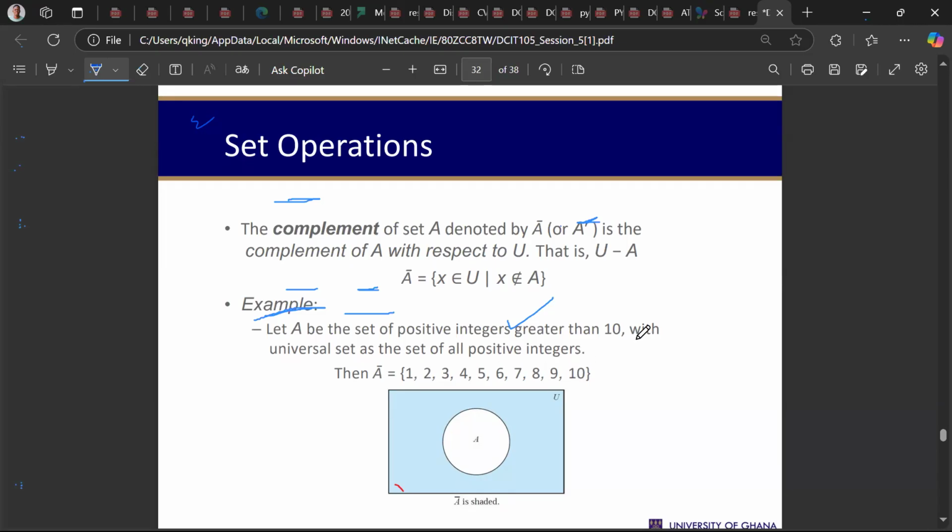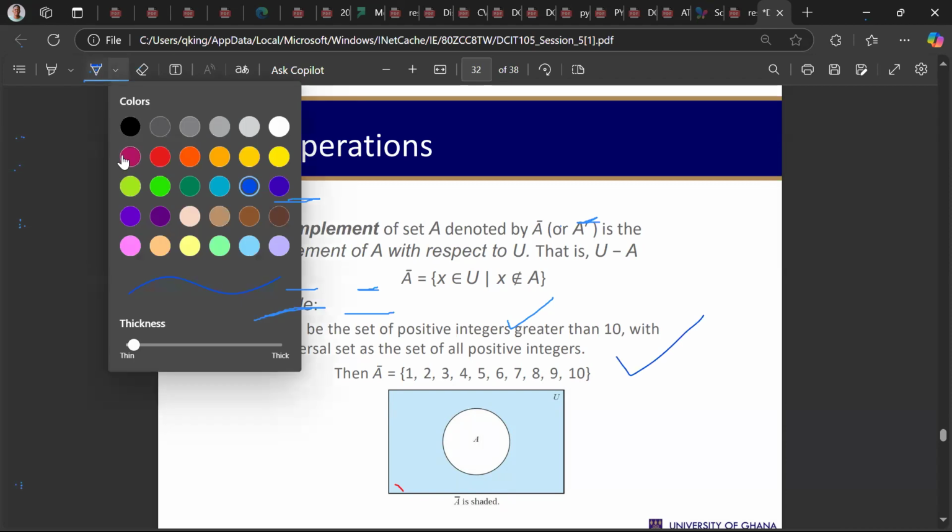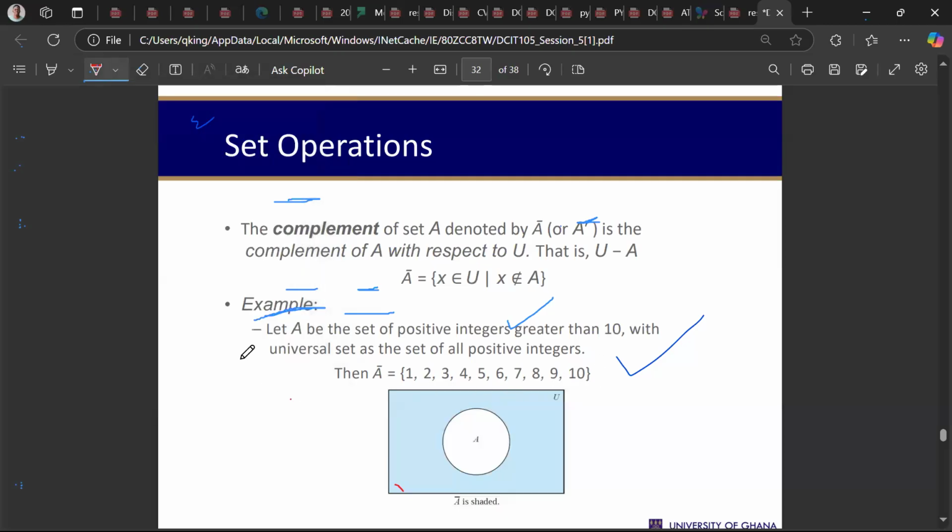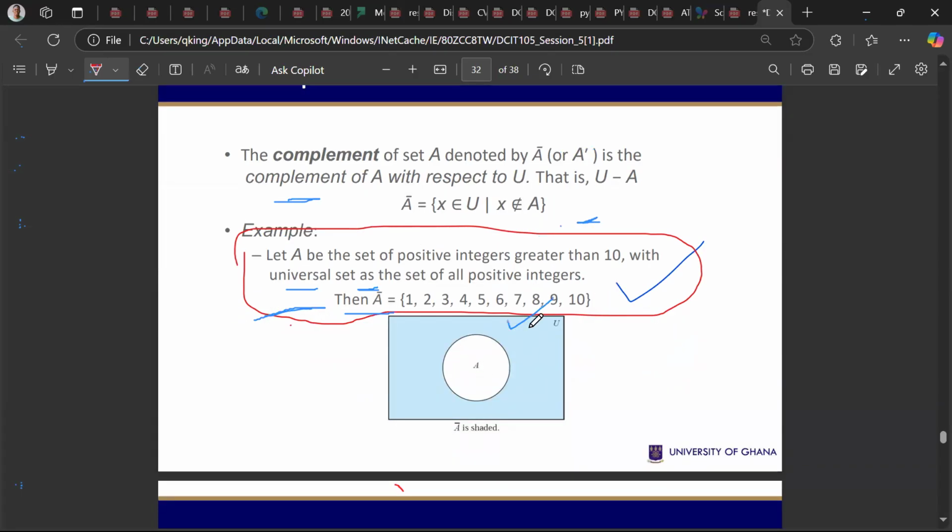So let's look at this example that we find here. This example says that let A be the set of positive integers greater than 10, with universal set as the set of all possible integers.